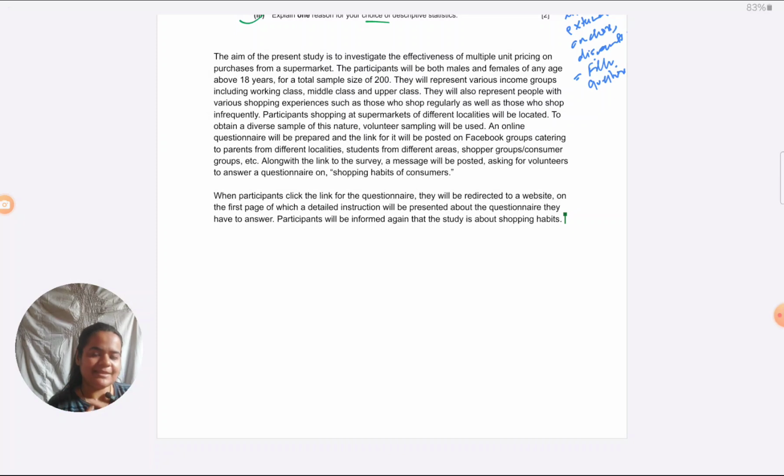So I would like to keep on giving them scenario type of questions like these on the questionnaire. Those examples I'll give ahead, but right now I need to think how they need to answer. That I need to tell them in the instructions page. So they'll be informed again it's about shopping habits.